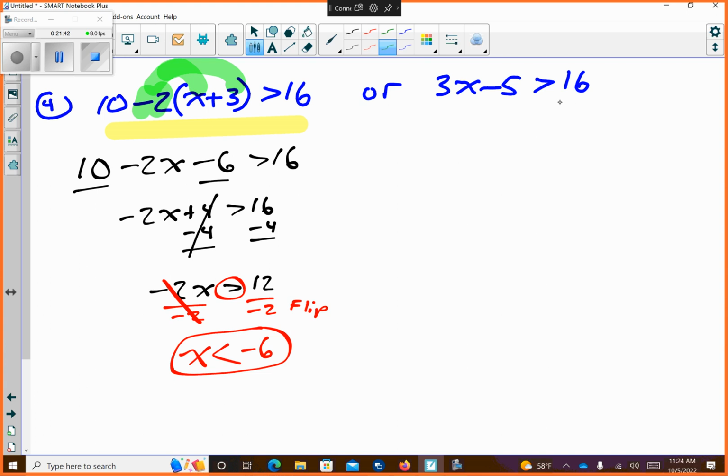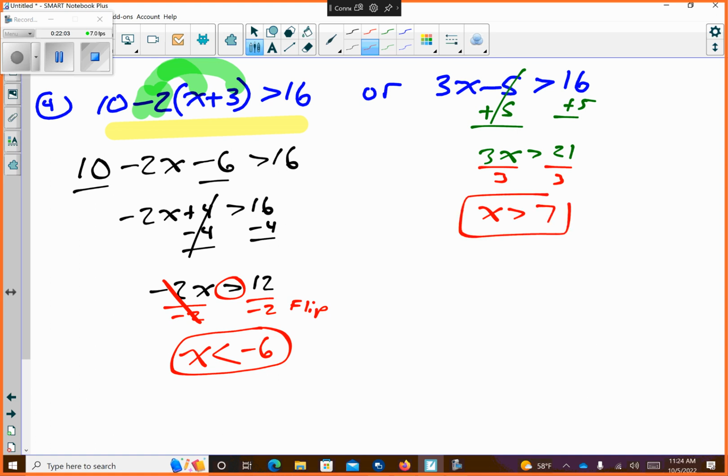Second problem. What should we do to this one first? Add 5? Okay. And then what should we do? Cool. Divide by 3. Greater than 7, right? All right. So, friends, I got to do number line.